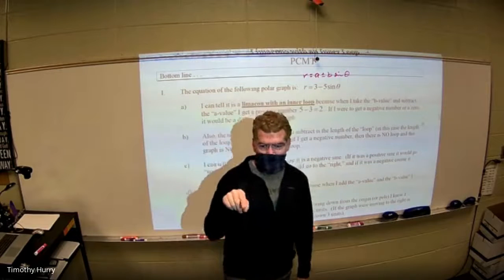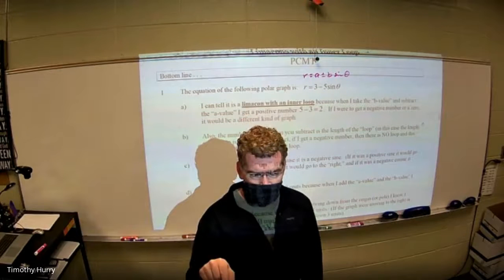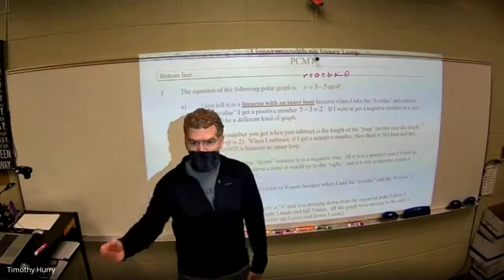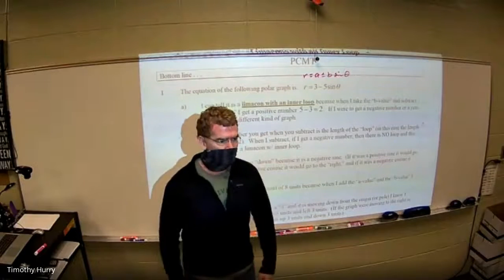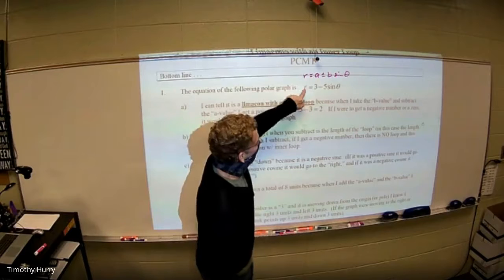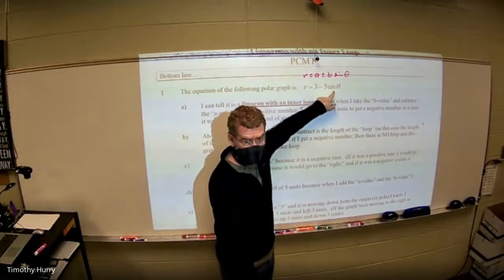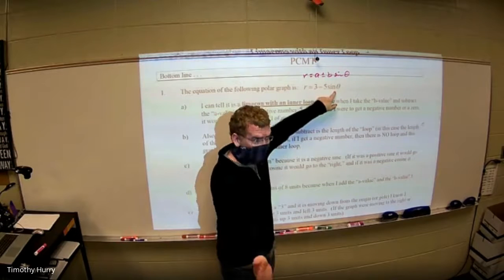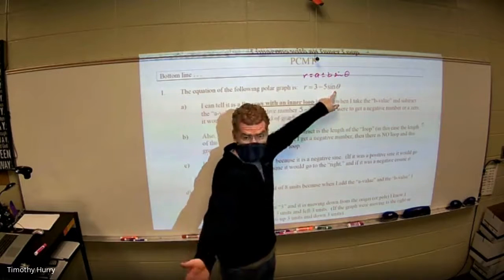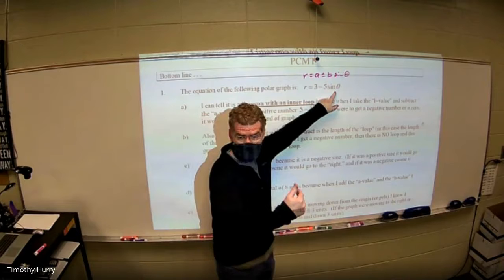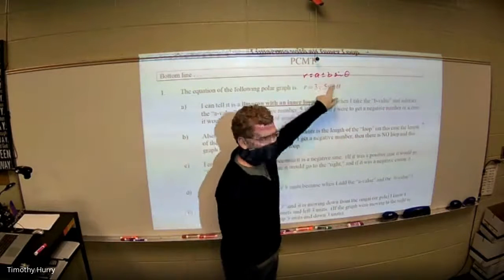Of course, there's going to be a value at the pole. The value at the pole is R can be 0. And the reason why you know R can be 0 is if sine was 3 over 5, a fraction between -1 and 1, which you know it can be. That's all it can be, right? Between -1 and 1. 3 minus that would be a 0.